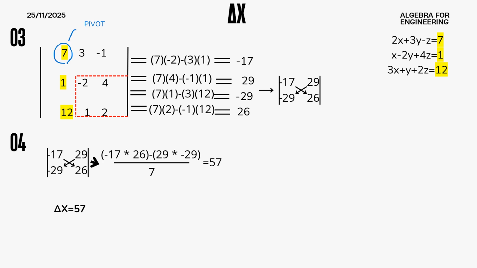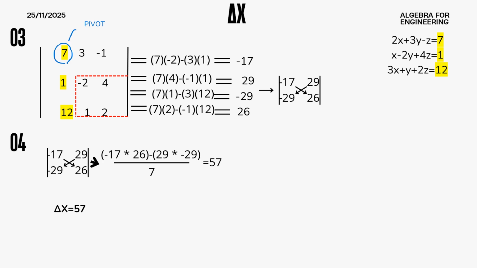On screen, you can see all the operations, and we're going to pass now to step 4, which is going to be the same step again. We'll multiply -17 times 22 minus 29 times -29 and divide it by the previous pivot point, which is no longer 2, it's 7. So the determinant of the x matrix is going to be 57.